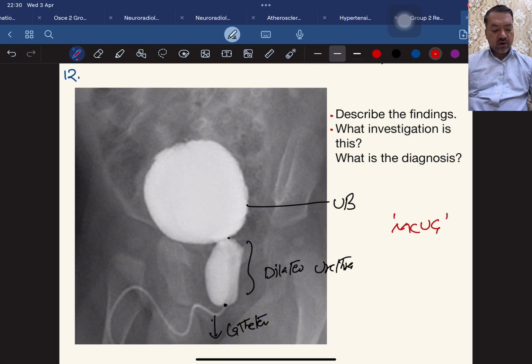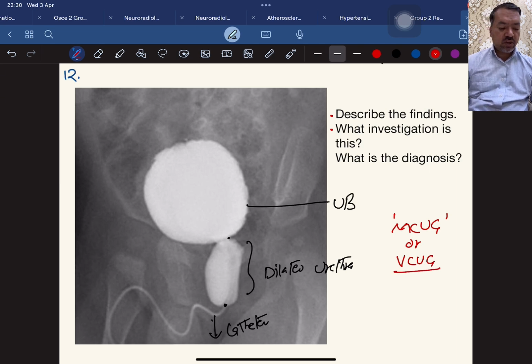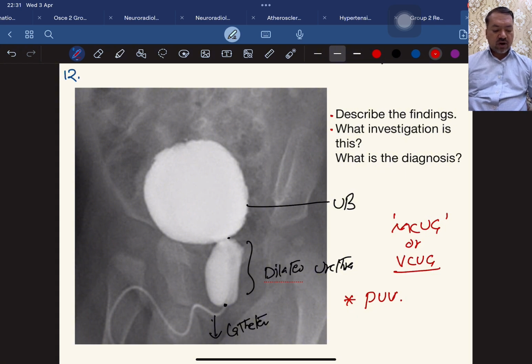This is MCUG or VCUG. MCUG or VCUG means micturating cystourethrogram or voiding cystourethrogram, and this is the case of posterior urethral valve, PUV. So how do I recognize this as a PUV? Because of this dilated urethra. Now posterior urethral valve occurs in a male child, because a male has three parts in the urethra: prostatic urethra, membranous urethra, and spongy or penile urethra.